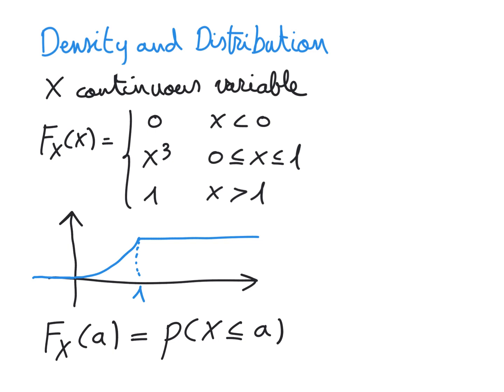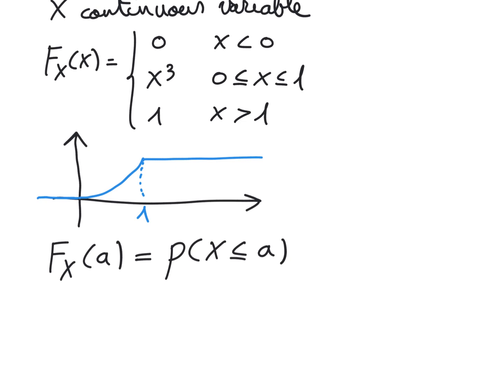Well, let's take a look at how we can compute some probabilities with this distribution function. For example, let's start with the probability that x is at least 1 over 3. Well, the distribution function gives us the probabilities that x is less than a certain value.